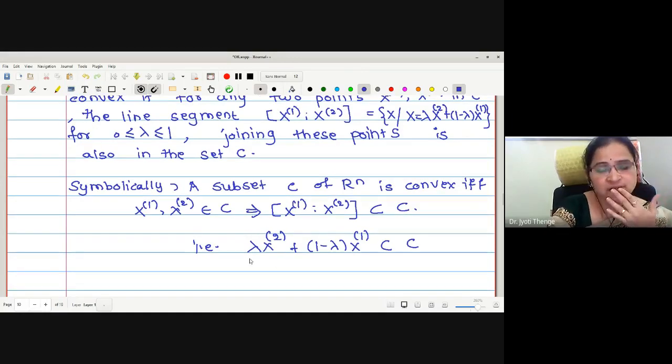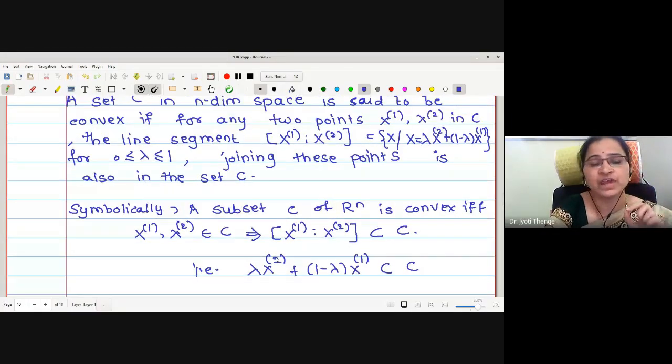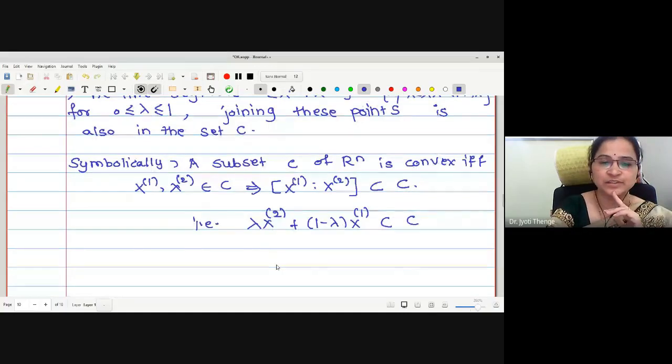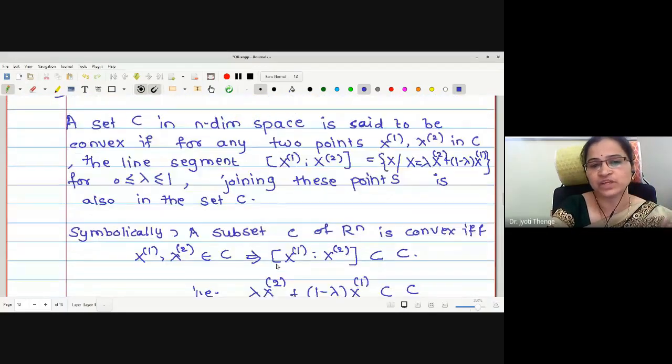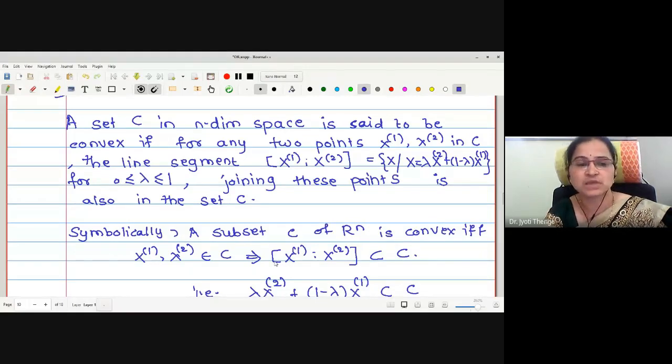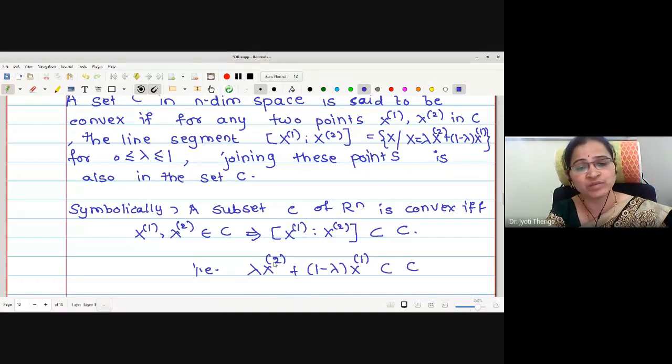Now a question arises: what will happen if we have only 1 point in the set C? According to the definition, for 2 points the line segment should be in the same set. But with only 1 point, by convention we call it a convex set. Therefore, a set with a single point is always a convex set by convention.